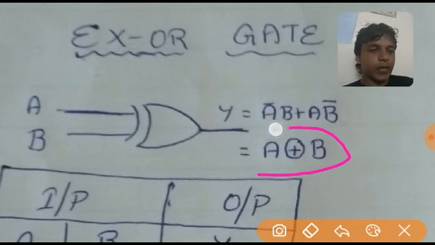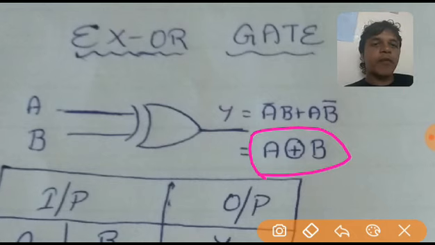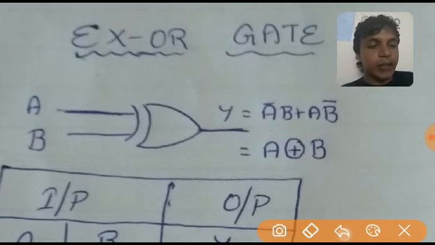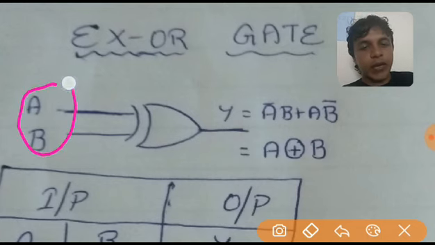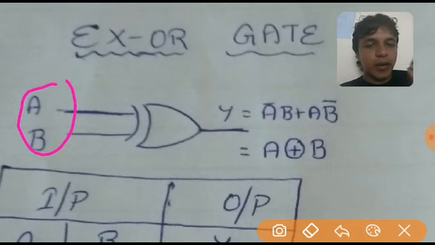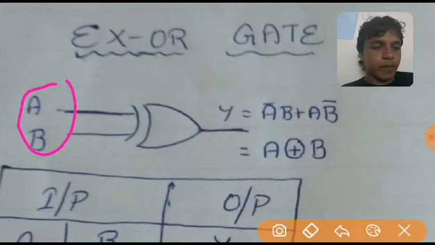The XOR gate gives the output when the inputs are different. That means A and B cannot be the same. If both A and B are 0, or if both A and B are 1, there is no output. If they are different, there will be output.